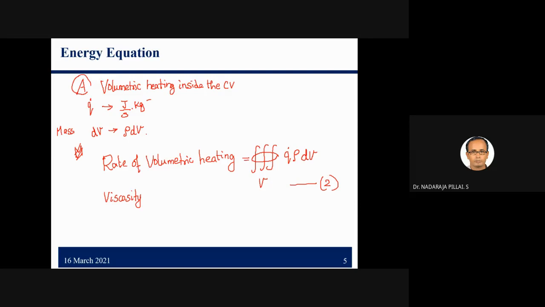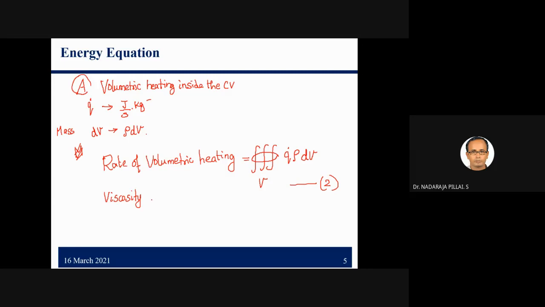When you land at Trichy and touch the surface of your car, you can feel the temperature. The temperature will be significant, right? And that is because of the flow of one layer of air over another layer, and the temperature is because of the viscosity.